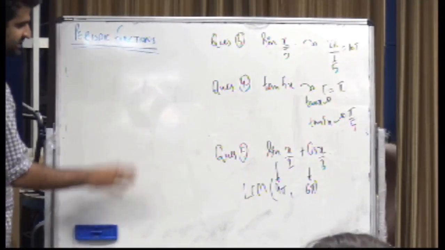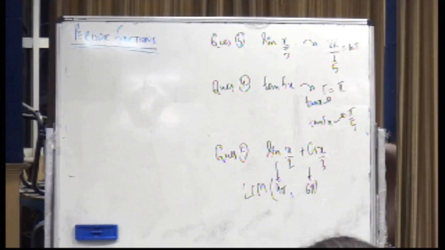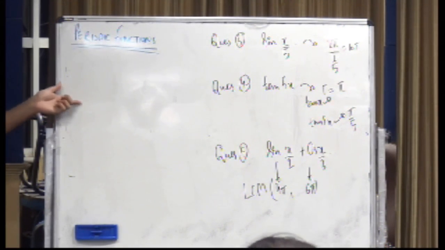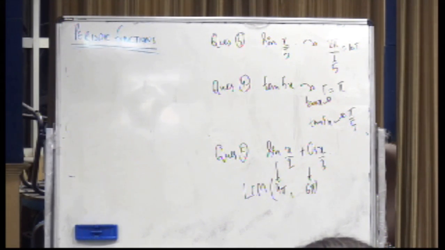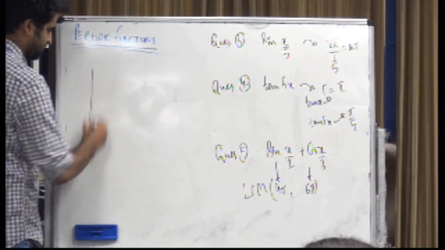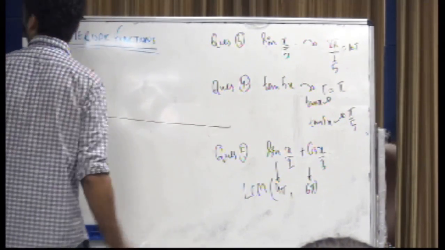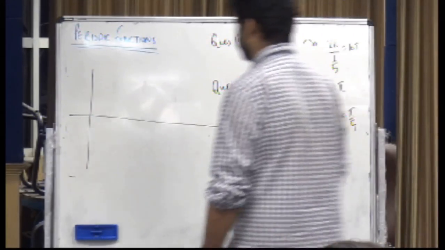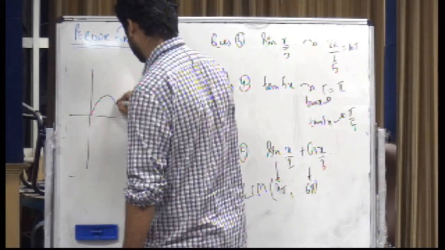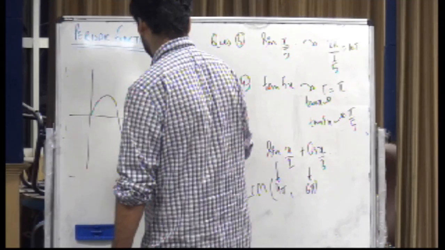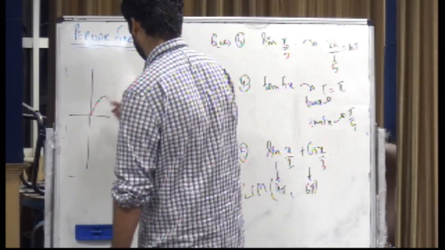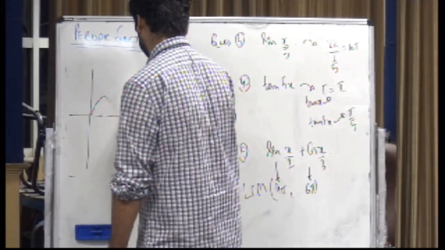So instead of adding these two functions, I will just make these two functions on the same graph, and then you can easily decide. So LCM, yeah, right. So first is sin x by 2.